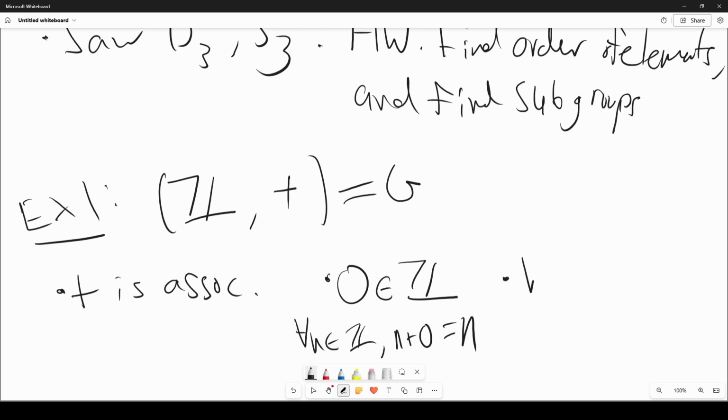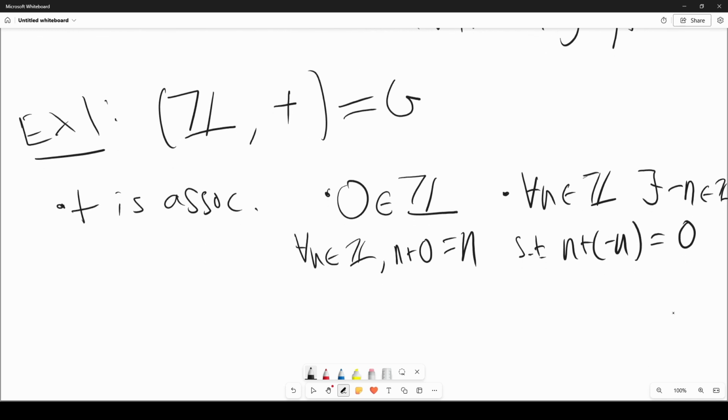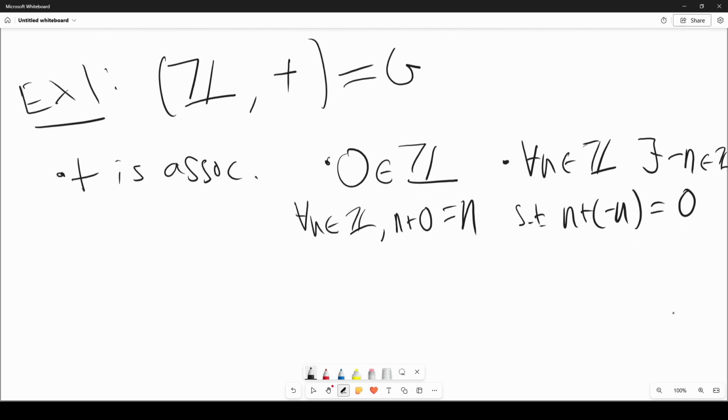And then for all n in Z, now we need to show inverses. There exists negative n in Z such that n plus negative n equals 0. Of course, in the integers, we have the positive and the negative integers. So for every positive, there's a negative one, which is its inverse, according to plus. And for every negative one, there's a positive one, which is its inverse.